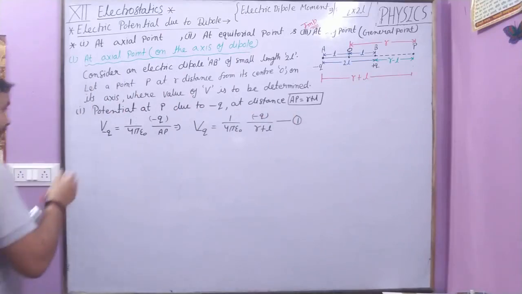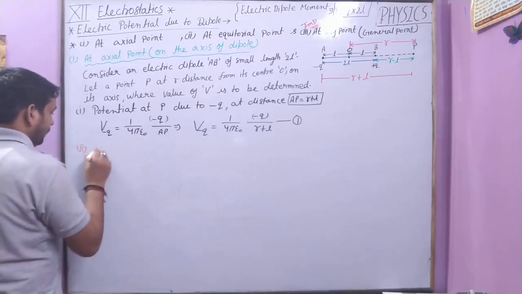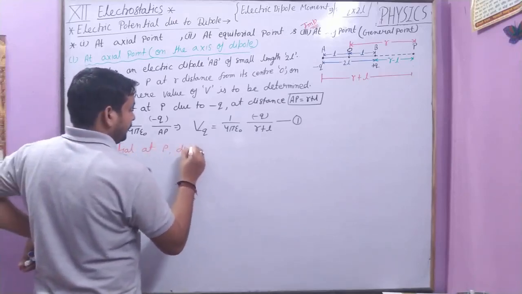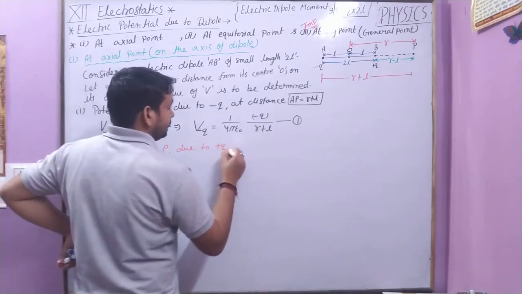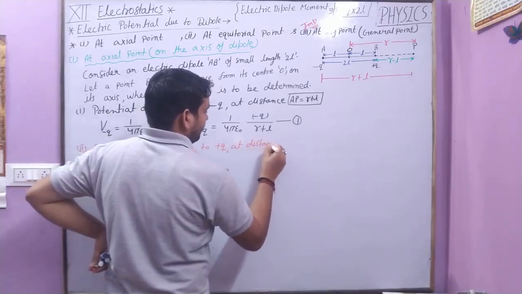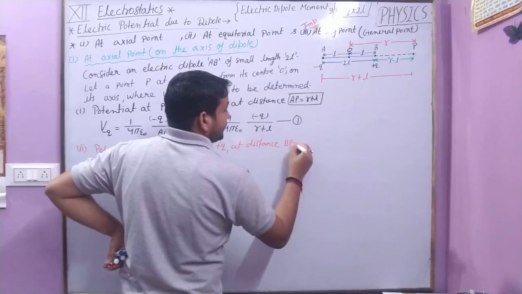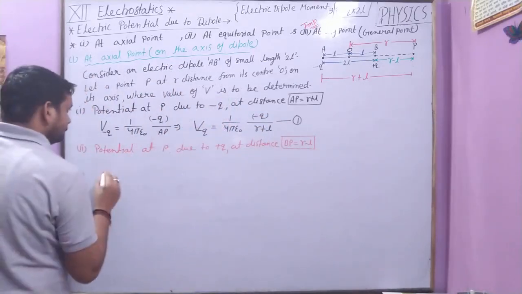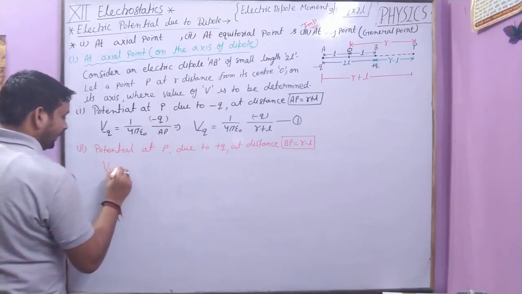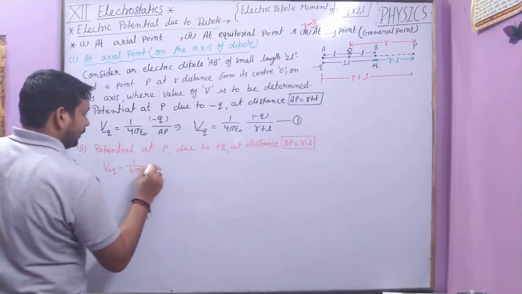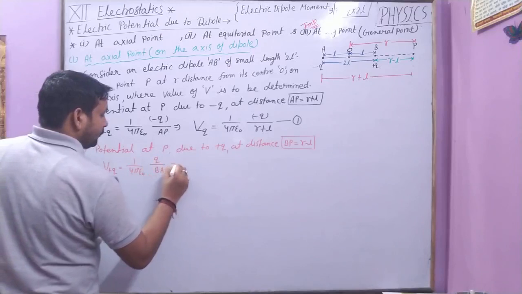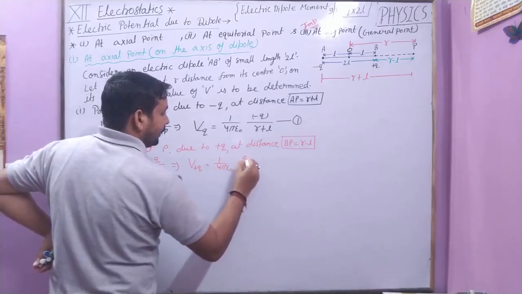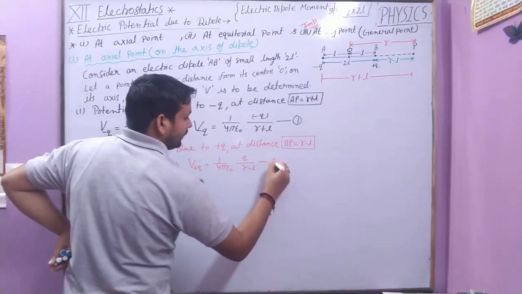Now second, potential at P due to plus Q charge at distance BP, which is equal to R minus L, is V plus Q equal to 1 upon 4 pi epsilon naught Q upon BP, which we calculate as V plus Q is equal to 1 upon 4 pi epsilon naught Q upon R minus L. This is equation second.